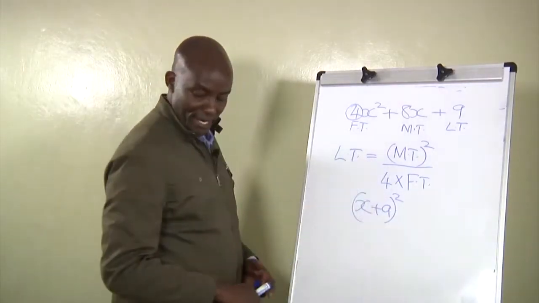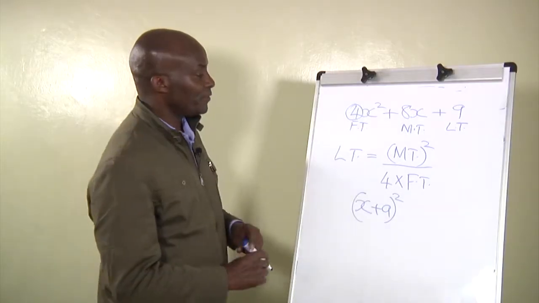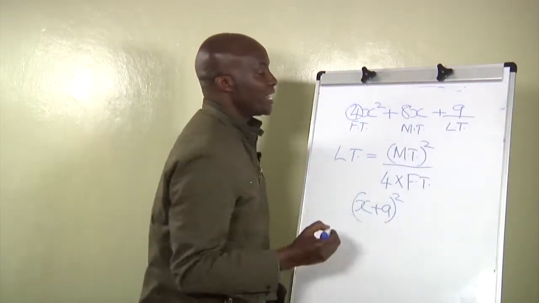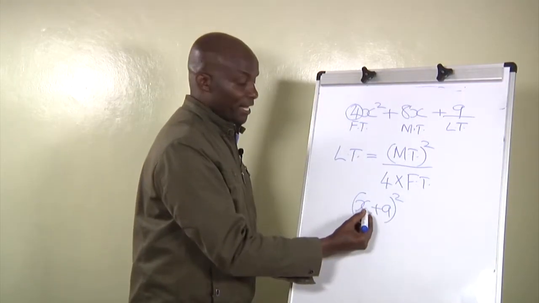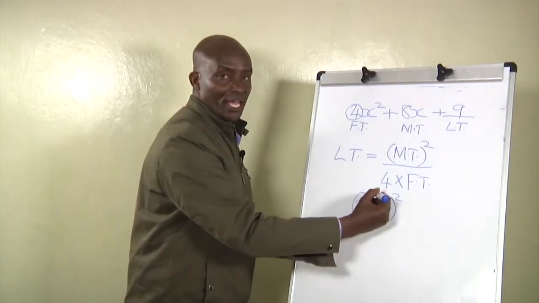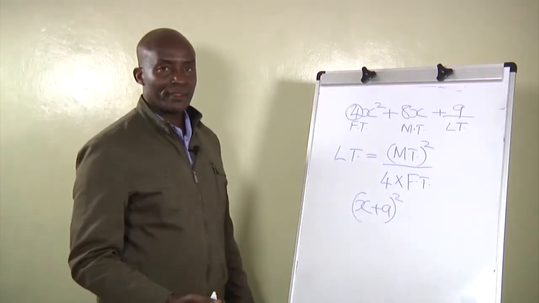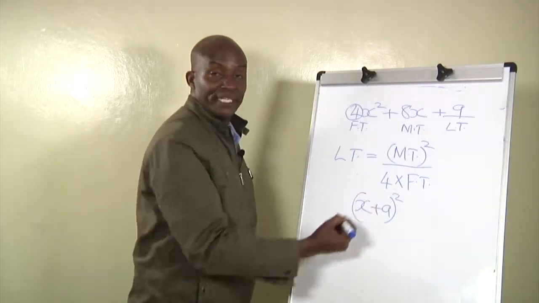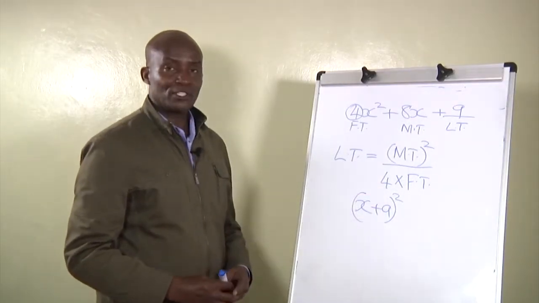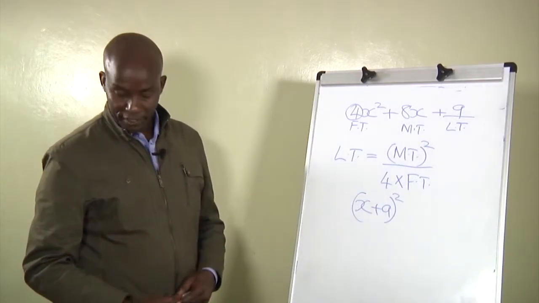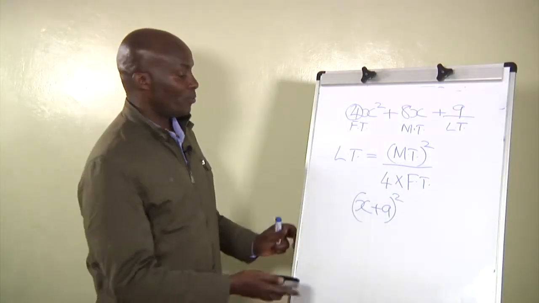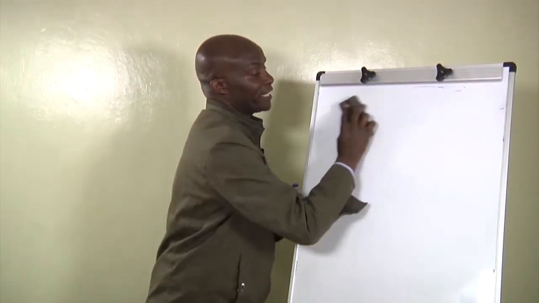So if we can add a value here such that it can be written as x plus a whole squared, then we have completed the square. In other words, we have made it a perfect square. And so that is what we are going to look at in this lesson.